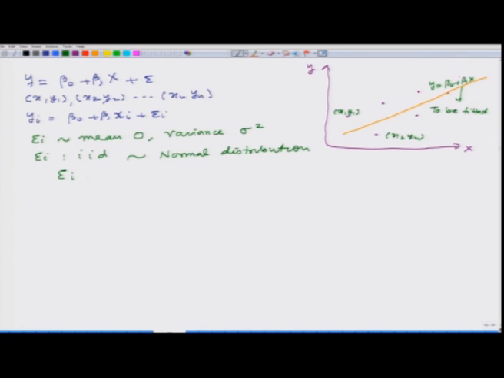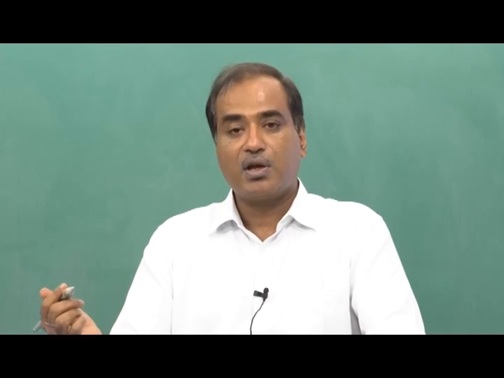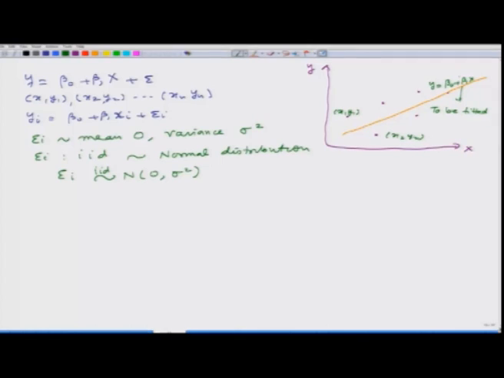So I can write briefly that the epsilons are IID following a normal 0 sigma square distribution. This means that all epsilon i have been observed from a probability density function normal with mean 0 and variance sigma square, and we also assume that they are independent. All of epsilon 1, epsilon 2, epsilon 3, up to epsilon n are mutually independent of each other.